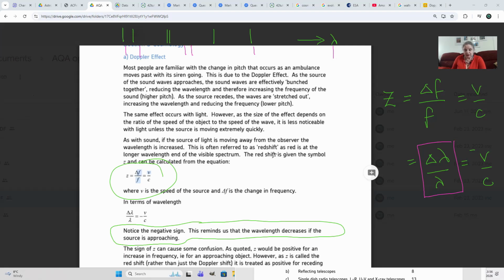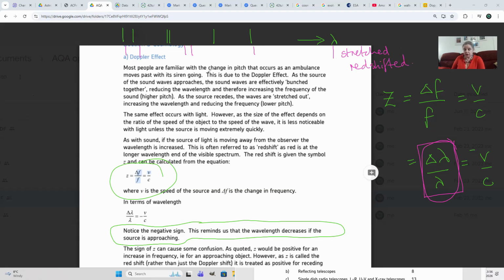Can you see? It's shifted, but it's also stretched, both, because it's a ratio that's going on. So this then is a stretched version of the one above it. So this is red shifted.